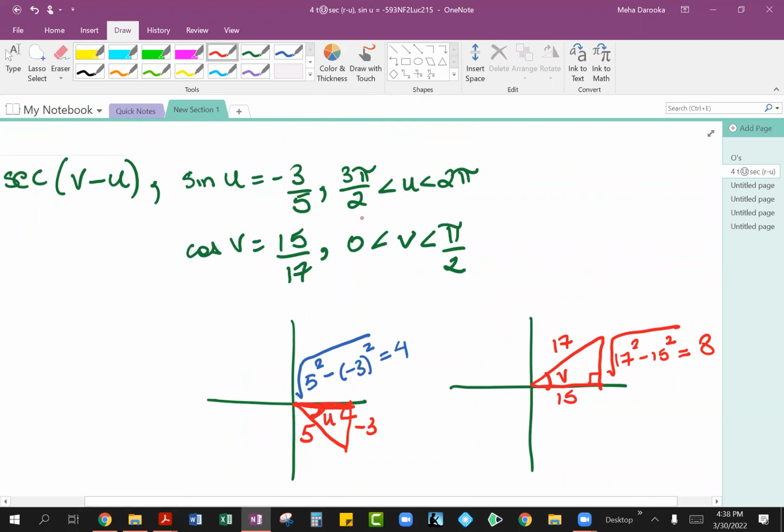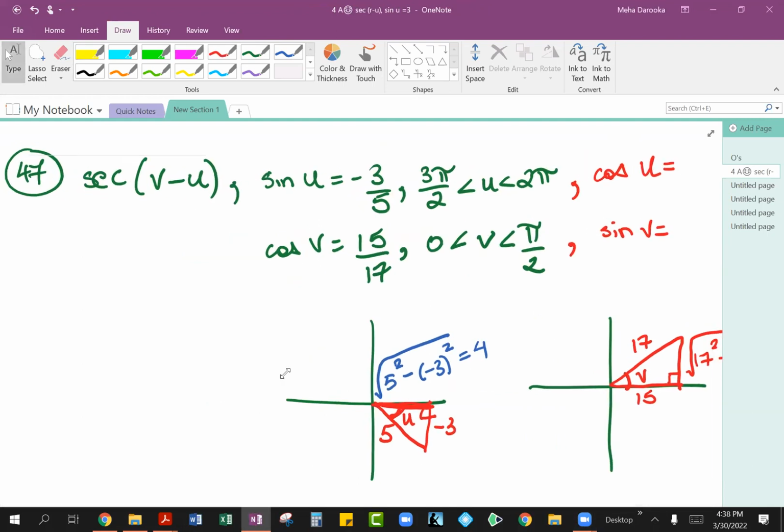So what that tells us is, we know that sine of u is -3/5. Now that we have the triangle completed, we can go ahead and calculate cosine of u. And same thing, you have cosine of v and the triangle completed, so now you can find out what your sine of v is going to be. Can you tell me what cosine of u is? And what is sine of v going to be?